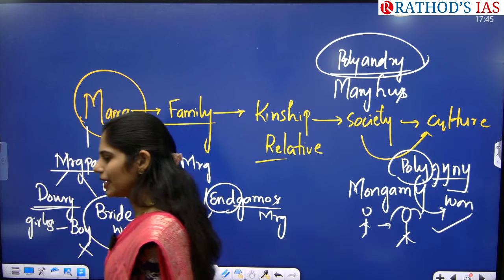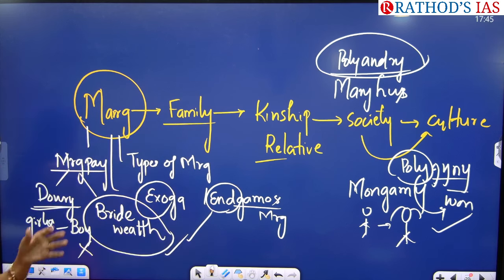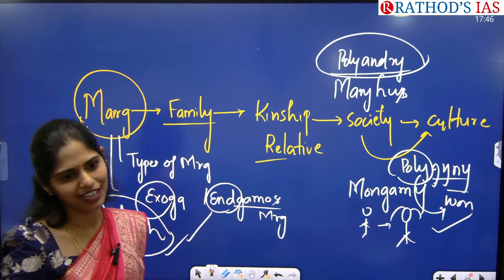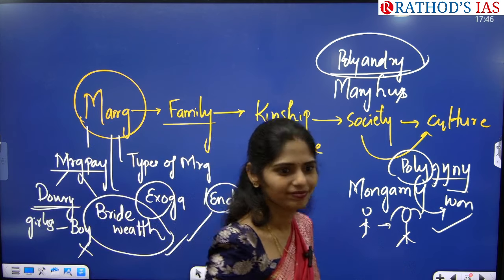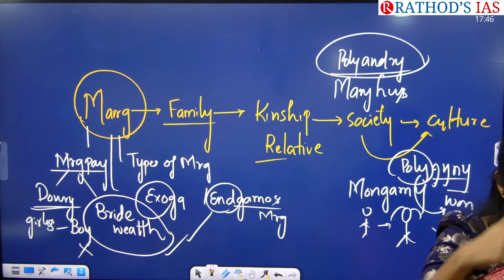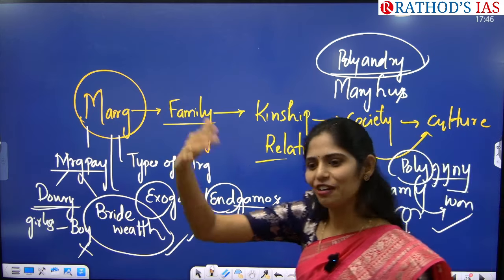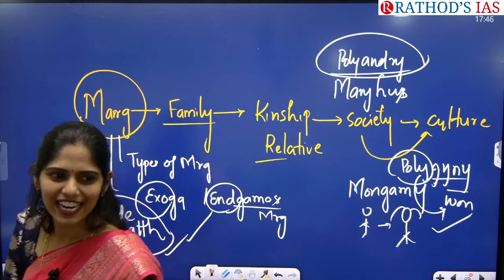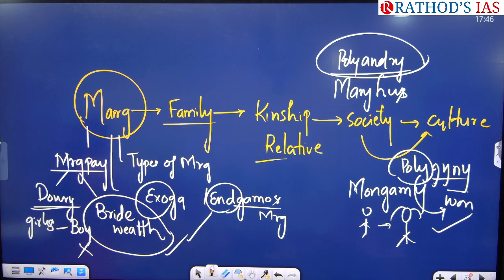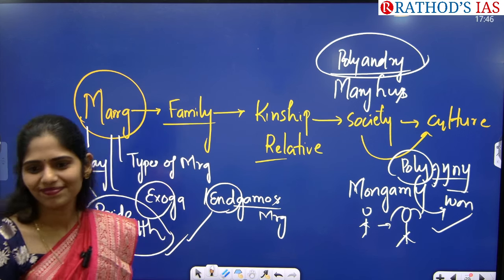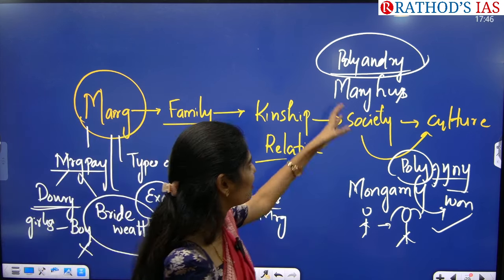So can you tell me what is a term that we can use for many husbands, many wives together? One husband can have two or more wives, and that wives can have two or more husbands. So what is that condition is called as? So you'll be seeing a lot of new things in this anthropology. Polyandry is nothing but having many husbands.